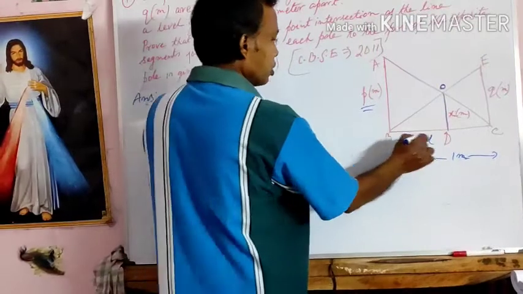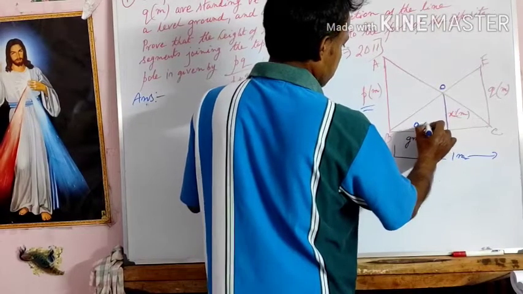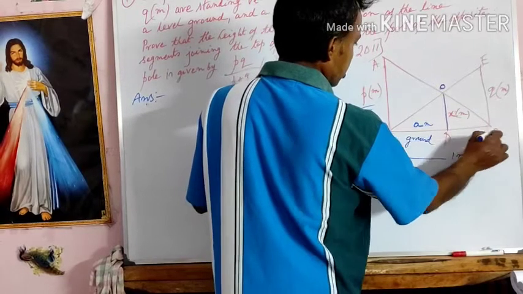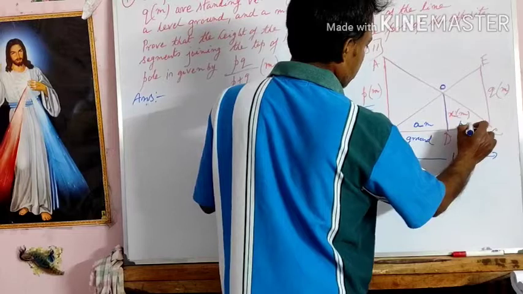Suppose BD is equal to a meters, small a, and DC is equal to small b meters.